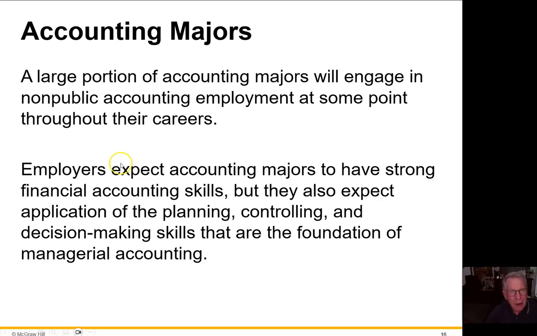All right, so accounting majors. A large portion of accounting majors will engage in non-public accounting employment at some point throughout their careers.